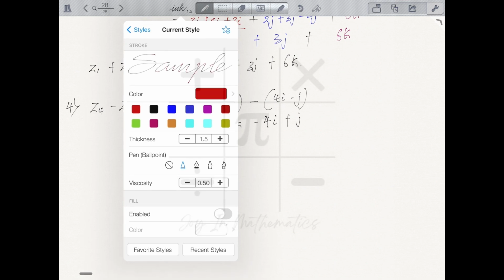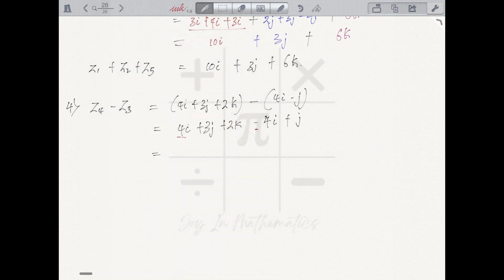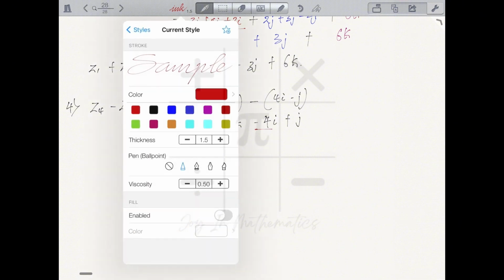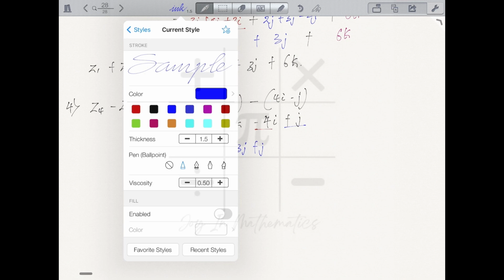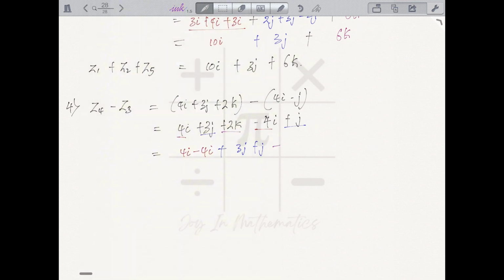Let's begin with the i component: we have 4i and minus 4i. Moving on to the j component, which is 3j plus j, and finally the k component, which is just plus 2k.